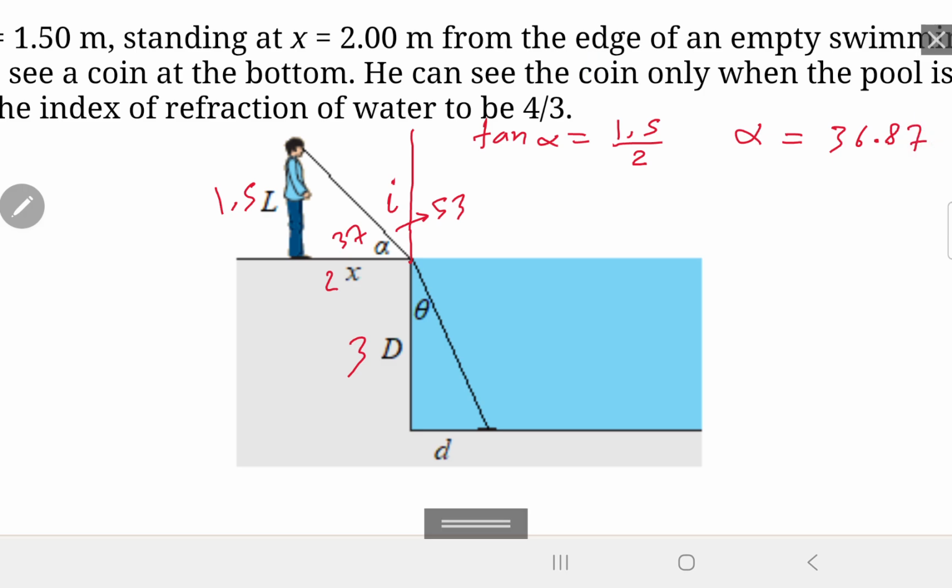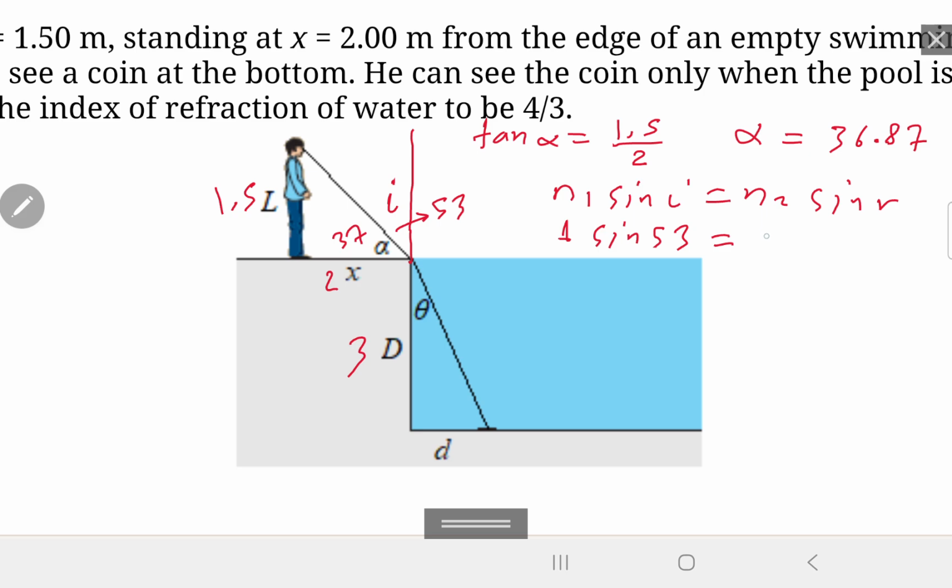Now we can use Snell's law to calculate angle theta. So here we can see Snell's law: N1 sine I equals N2 sine R. N1 is coming from air, so this is 1. Sine 53 equals N2.